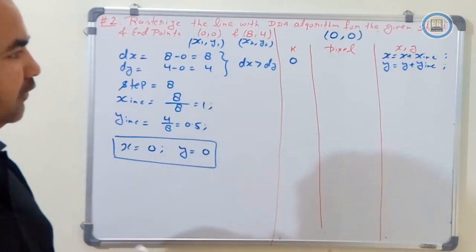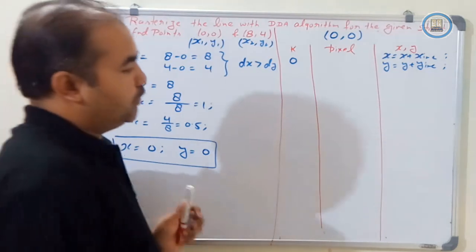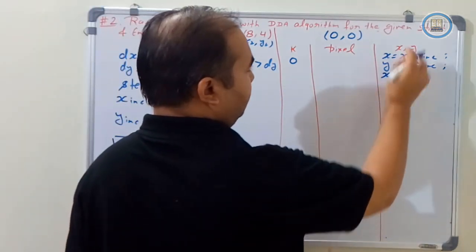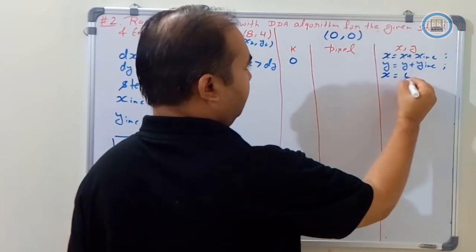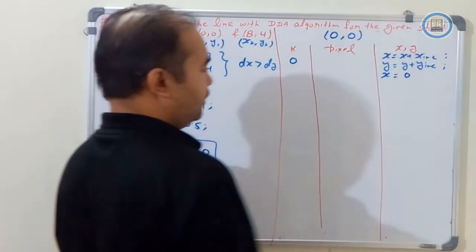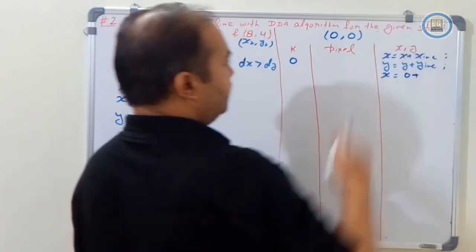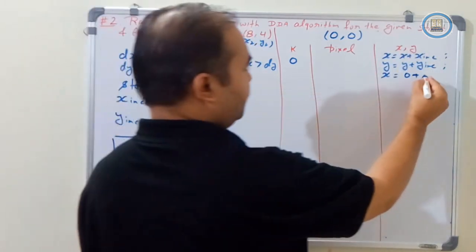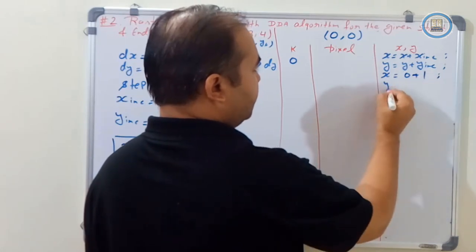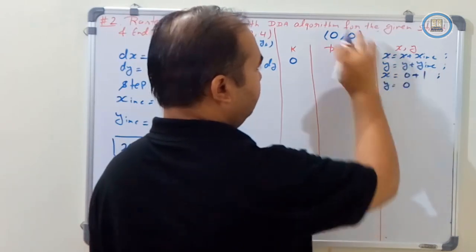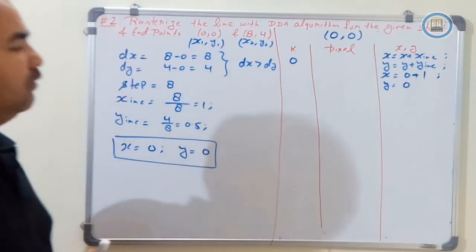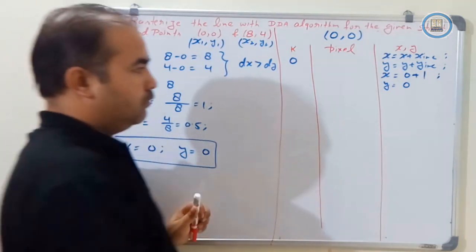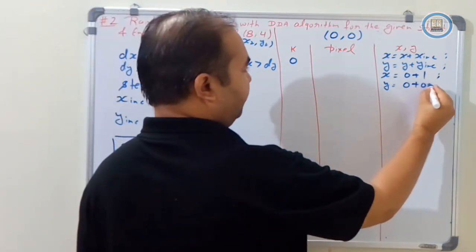Now x equal to 0, the starting point x1, plus x increment, which is 1. So it is 0 plus 1. The next thing is y equal to 0, the starting point of y. But what about the y increment? This is given to us as 0.5. So it will be 0 plus 0.5.